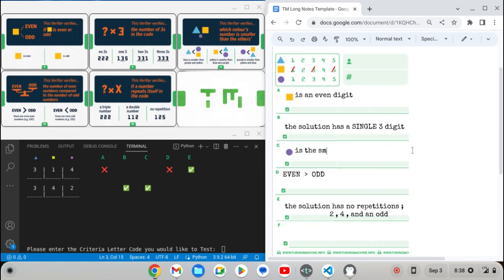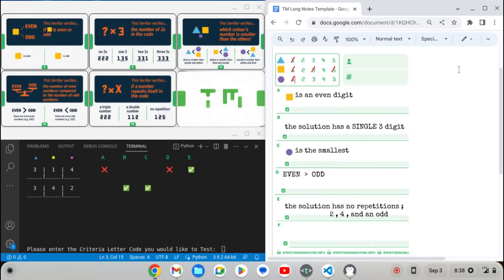Okay, and since we know there's a 3, we know there can't be a 1. So we know there are no 1s. And since circle is the smallest, it couldn't be the 3-digit, because if the smallest were 3, then the only things bigger than 3 are 4 and 5, and that would break the more even than odd.